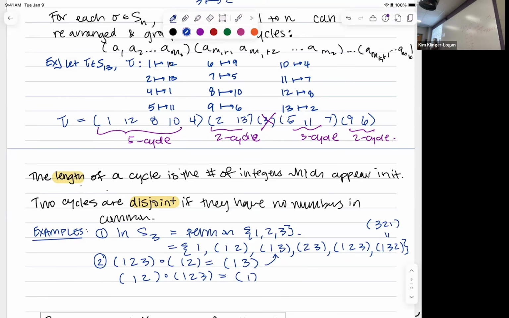Always work right to left. But where is 2 going? To 3. So 2 is going to 3 here, and then there's no 3 here, so it's just staying at 3. And then 3 should be going to 2, but let's double check. 3 goes to 1, and then here 1 is going to 2. So (2 3).